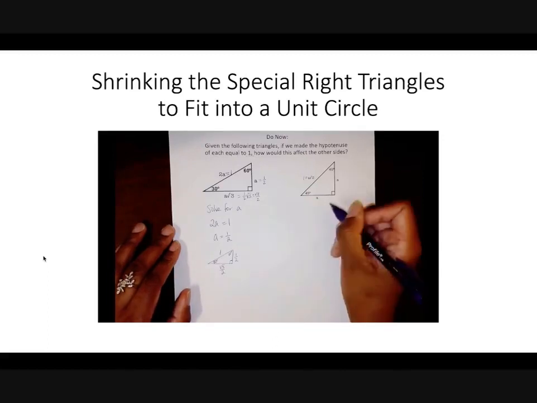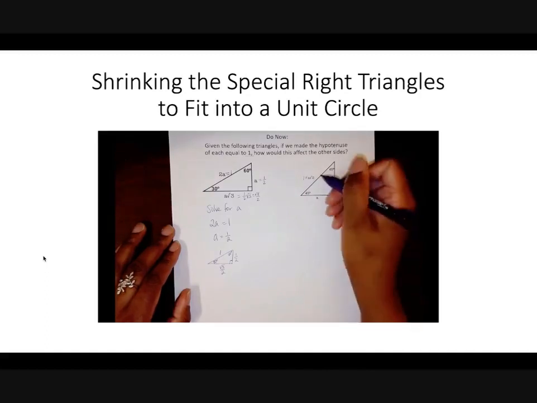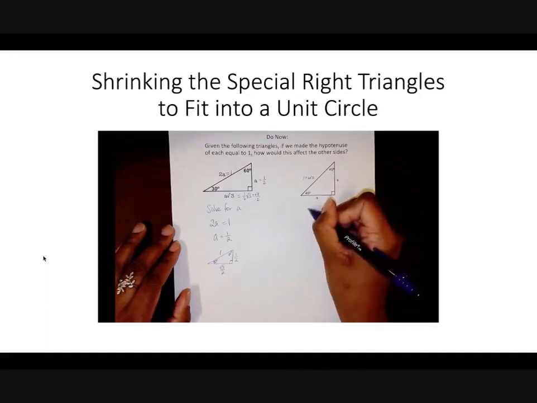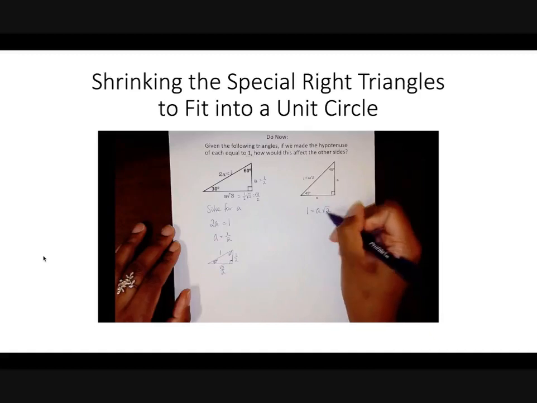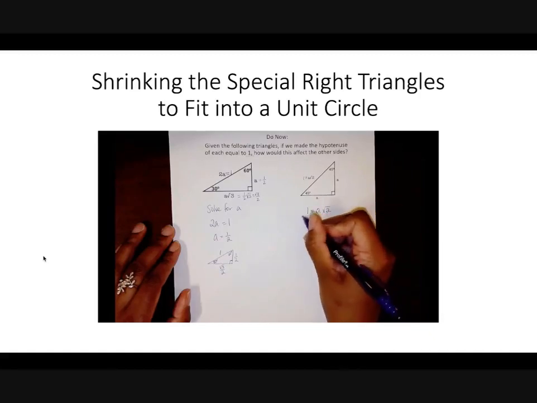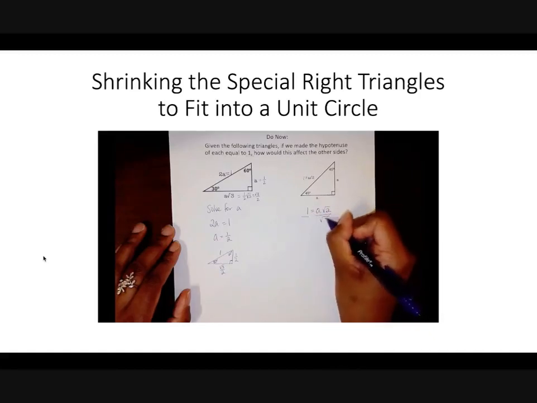So now let's move on to the 45-45-90 triangle. So here, in order to solve for what a is in this case, we're going to make 1 equal to a times the square root of 2. And now to solve for a, we divide both sides by the square root of 2.